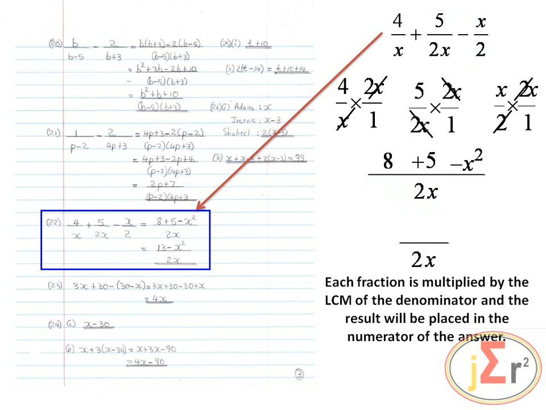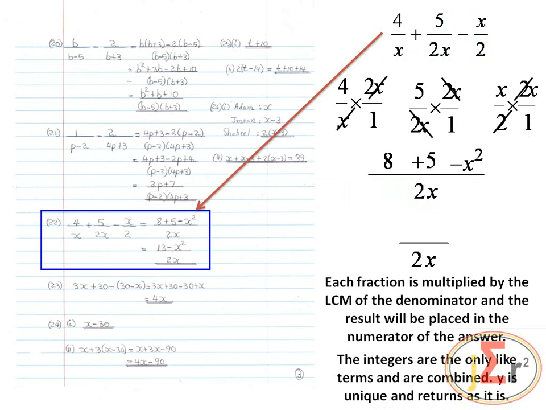Very nice. So the integers are the only like terms and are combined. And the unique term returns as it is.